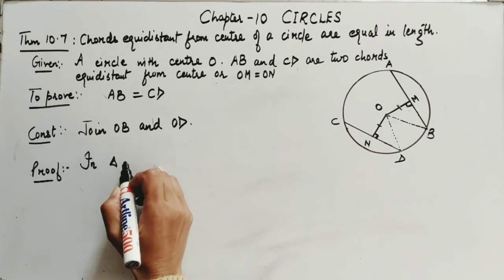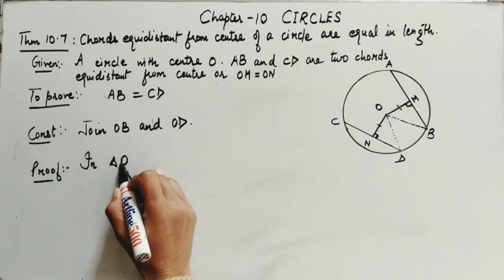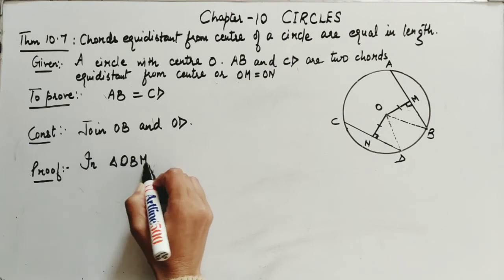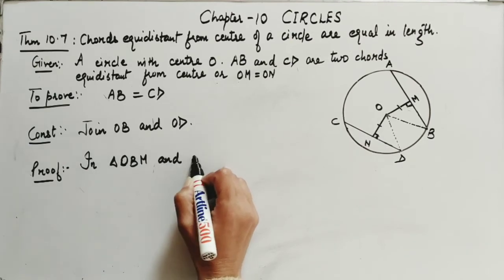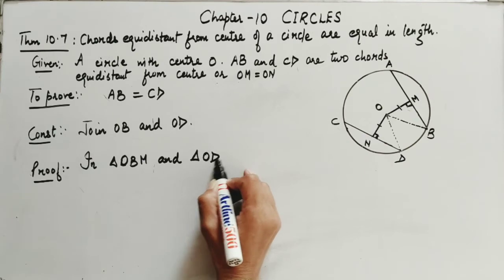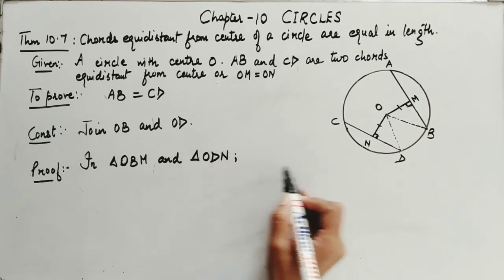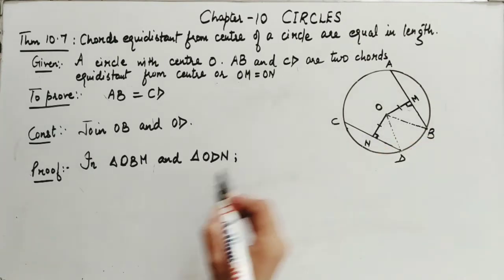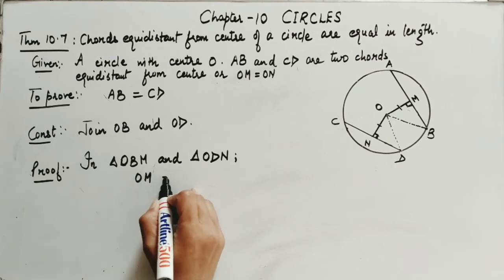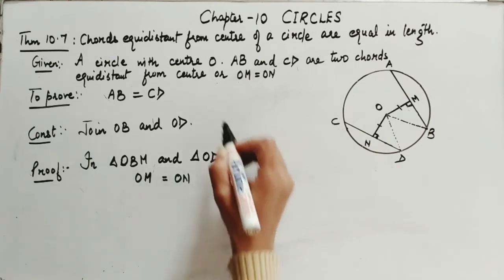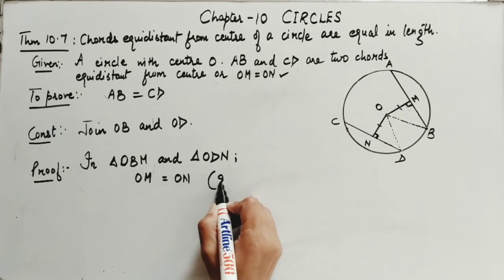Considering these two triangles, OBM and ODN, matching parts, first one, OM is equal to ON, it's given.